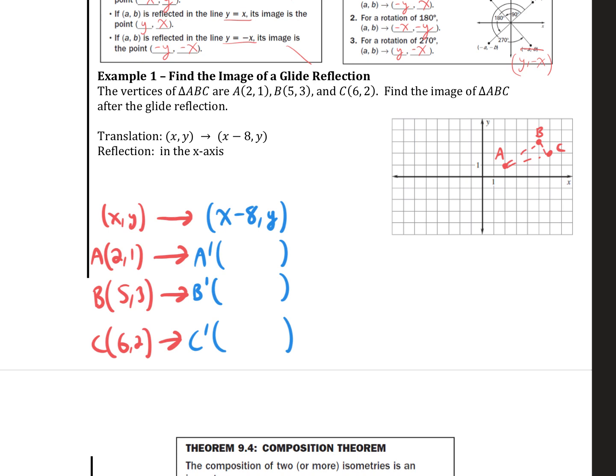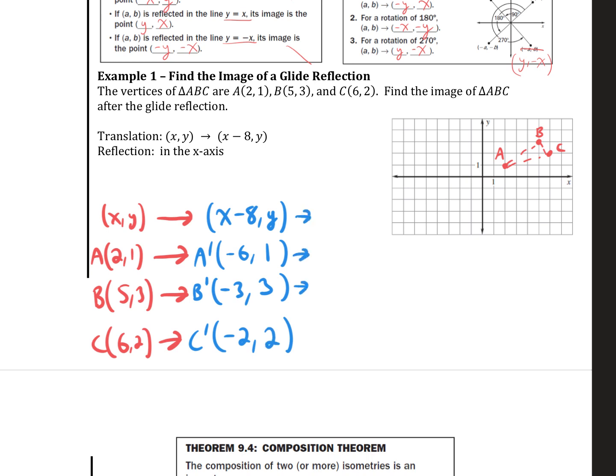This translation is telling us we're going to go left 8, or subtract 8 from the x value. So 2 minus 8 is negative 6. Y is going to stay the same with 1. 5 minus 8 is negative 3. 3 stays the same, so we get negative 3, 3. And 6 minus 8 is negative 2. So we get negative 2, 2.